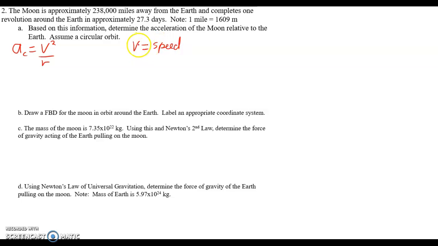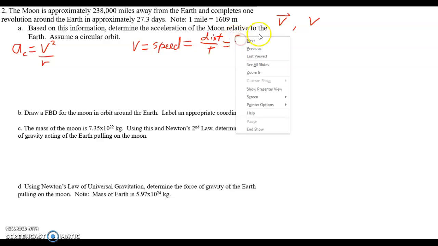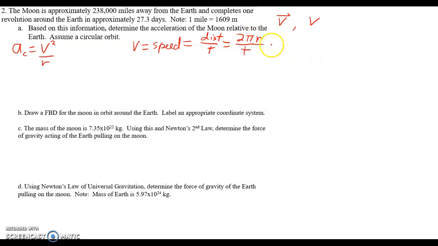I know we use v for velocity a lot, but v with the arrow over it is velocity, and v without the arrow is the magnitude, the scalar form, the speed. So that's equal to distance over time, which is 2 pi r over the time for one revolution.